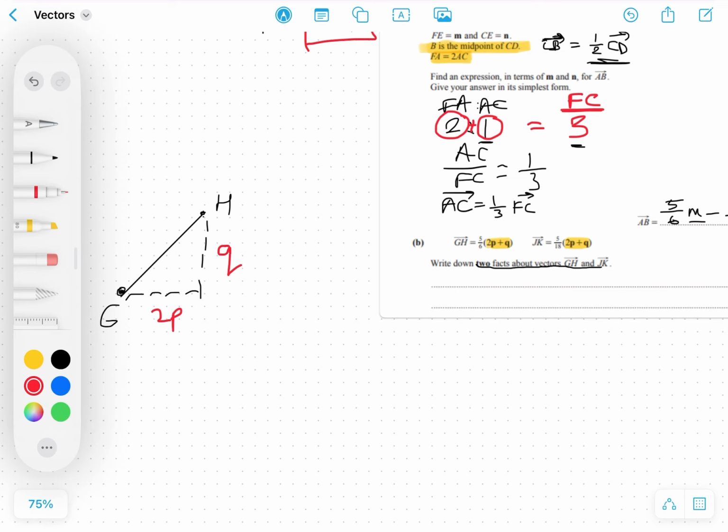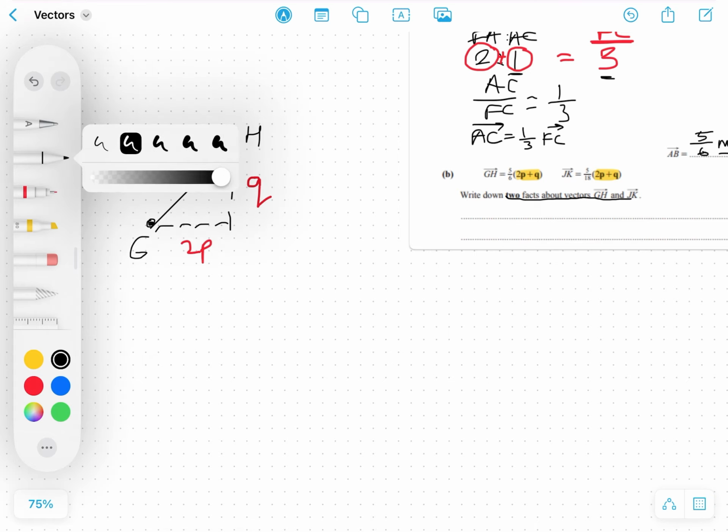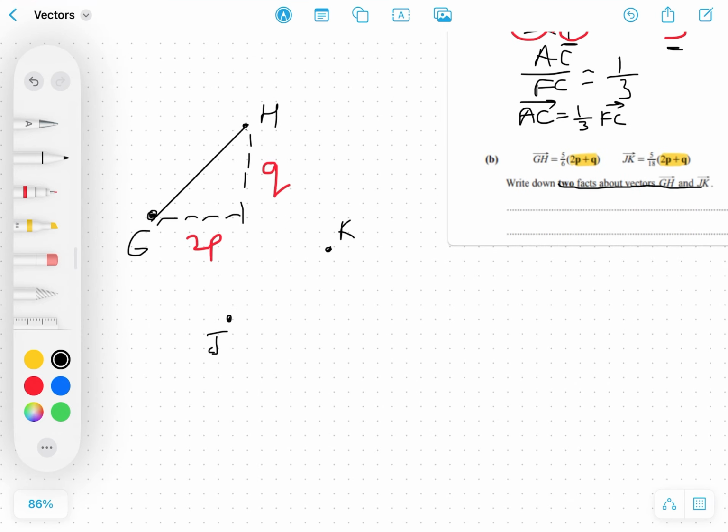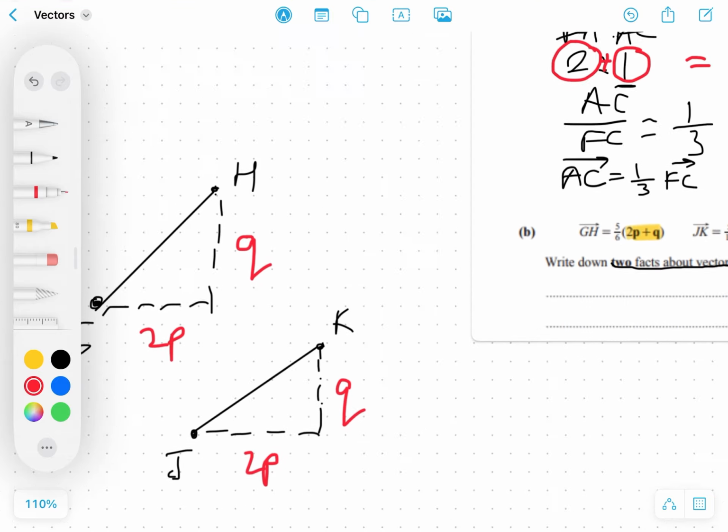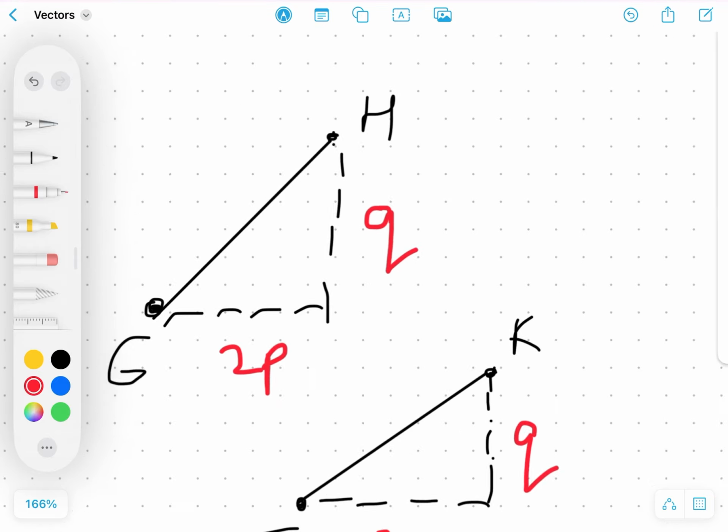And now if we do the same thing for JK, say we have 2 points, J and K. Again, we would have the horizontal distance as 2p and the vertical distance of q. That's how vectors are interpreted. And now, of course, GH is just a fraction of 2p plus q.